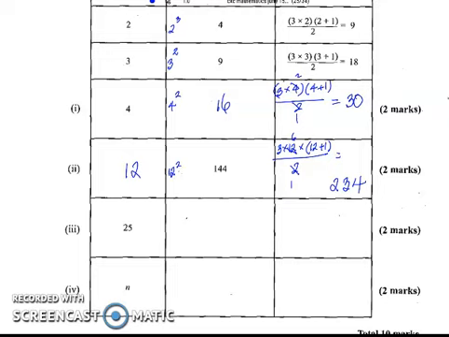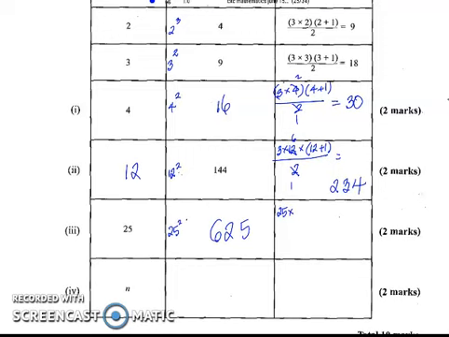All right, and lastly, well, 2 more to go. That's 25. So here we're going to have 25 squared, which is 625. Here we're going to have, sorry, that should be 3 times 25 times 25 plus 1, and this is all over 2. 25 plus 1 is 26.